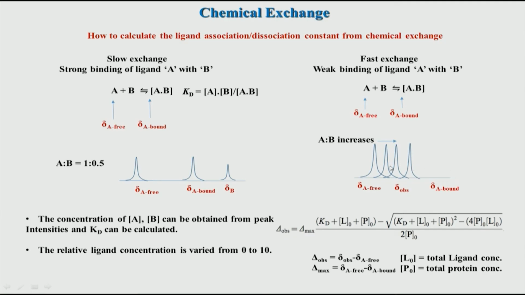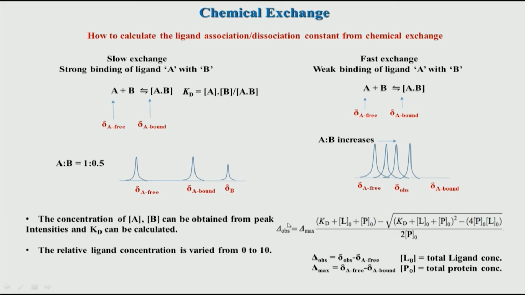So, at any given time you will observe a shift of the peak, and that shift from the original peak, which is the free form, the difference is called delta observed at any given time, and delta max is after adding a large value of B, let us say 10:1. At that point the peak will be completely here because of the population weighted average. So, when it is completely here, then this distance from here to here is called the delta max. Why maximum? Because that is a final value. So, it is the maximum the peak can shift. So, that difference is what is called delta max.